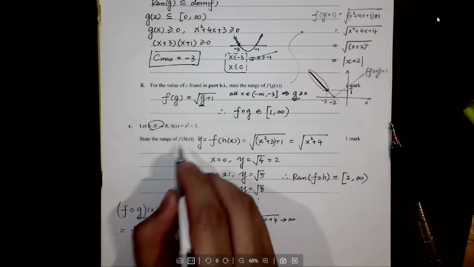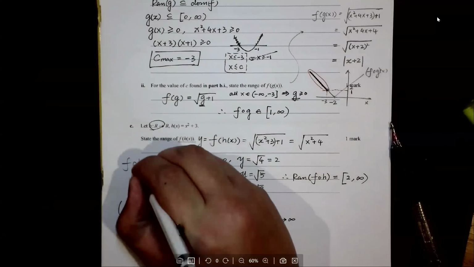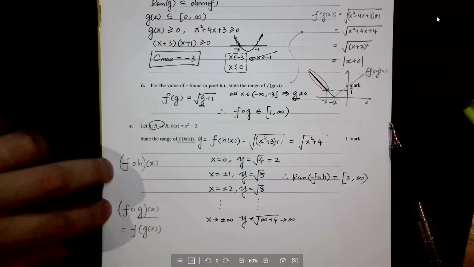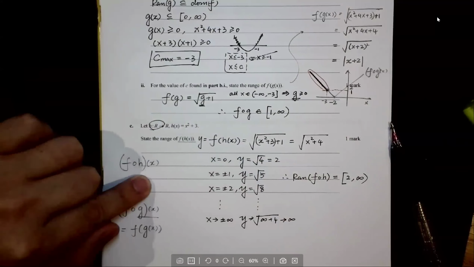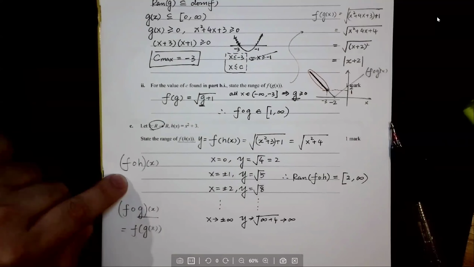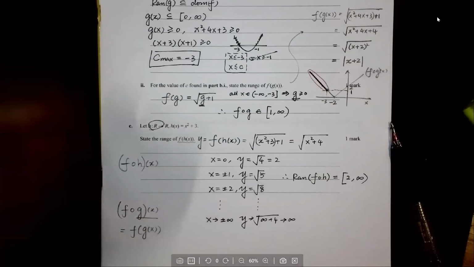Or in this case, they might give you something like foh(x). Be aware of these two new notations. Which one is outer, which one is inner? The range of the inner function must be a subset of the domain of the outer function. Then this thing is defined, etc.